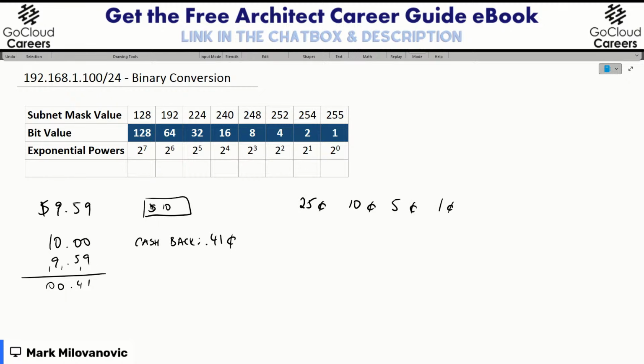So what I'm going to do is look at my coin bank now, and I'm going to think, which coin can I use to get the closest to 41 cents? So what would you pick out of these options that we have? Which option would you pick to get me the closest to 41 cents?